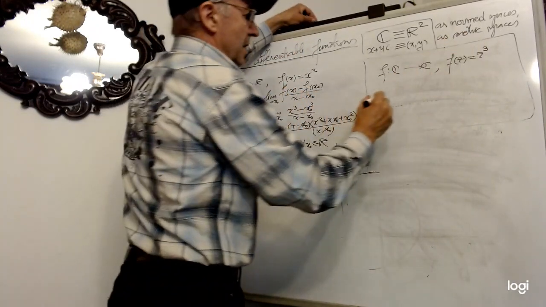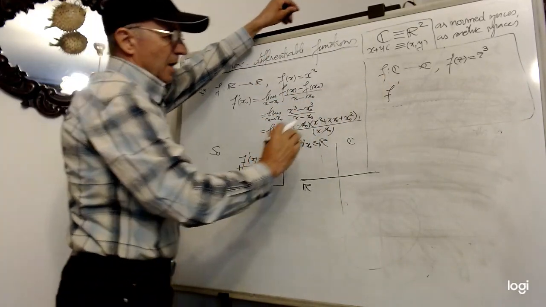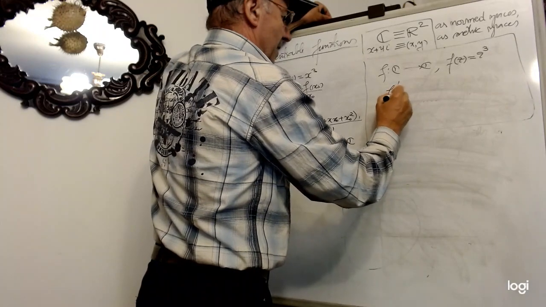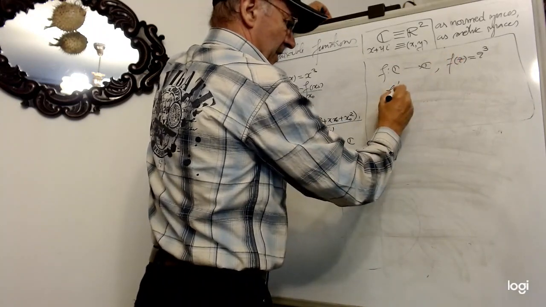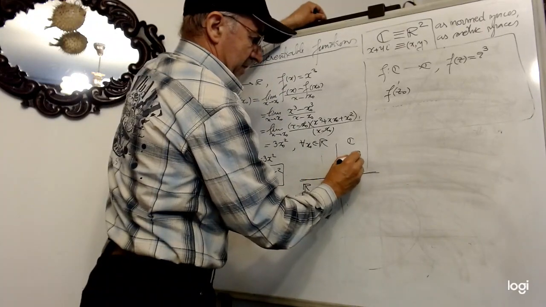And in exactly the same way, we can obtain the derivative of this function at a point z0.